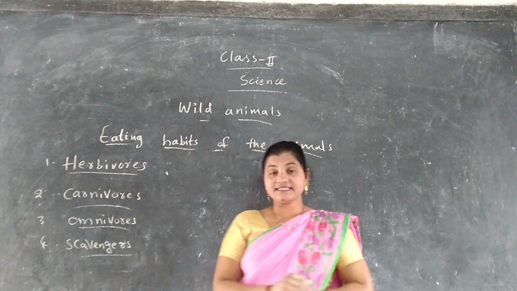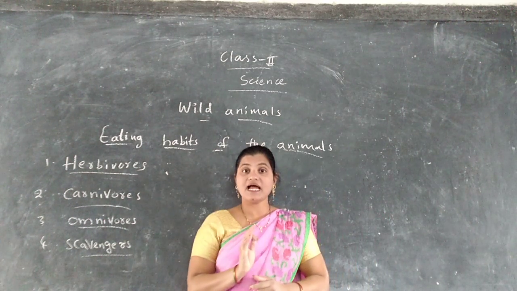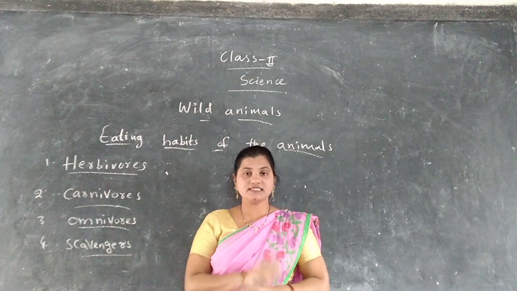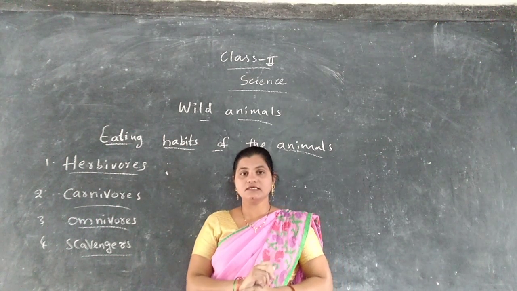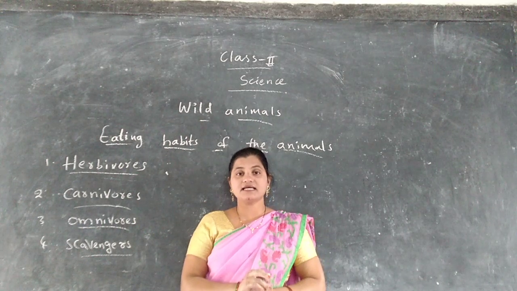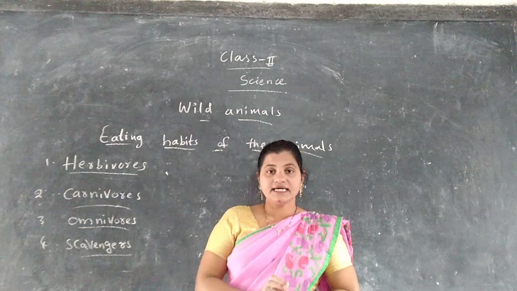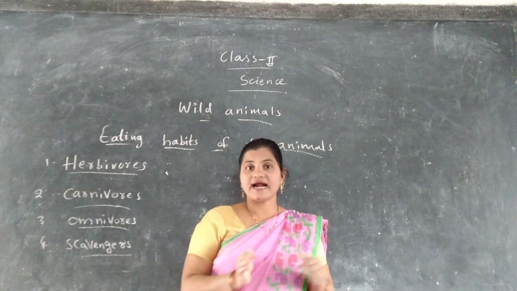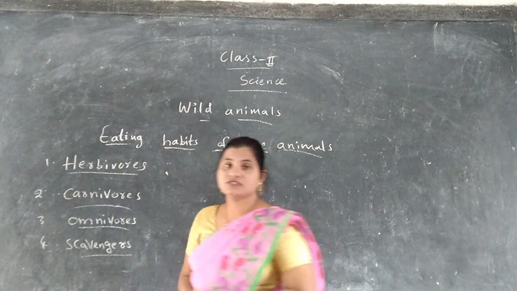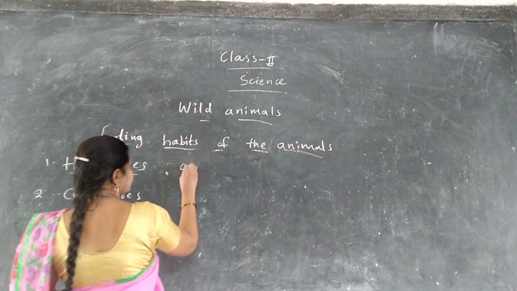And some animals depend only on plant products like fruits and nuts. For example, monkey, only fruits. Parrot, hen, these are some types of birds that depend only on nuts and fruits. These are also categorized as herbivores.